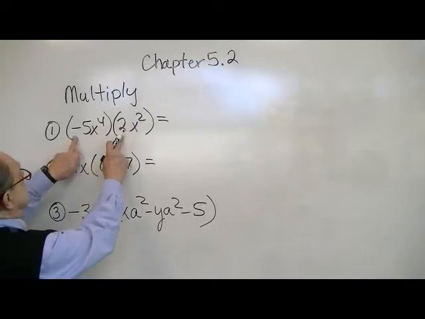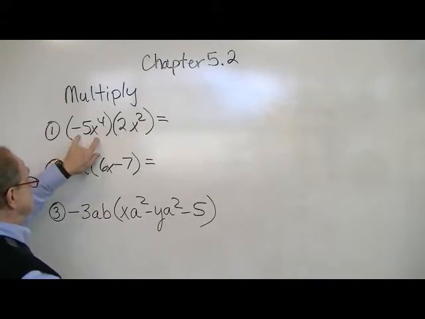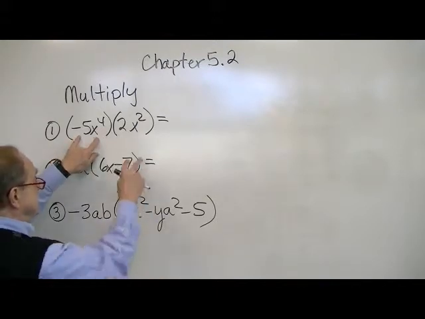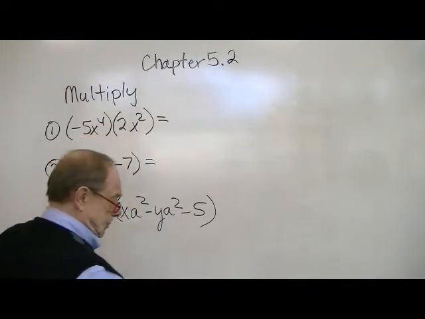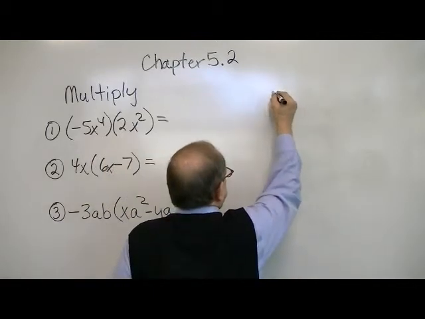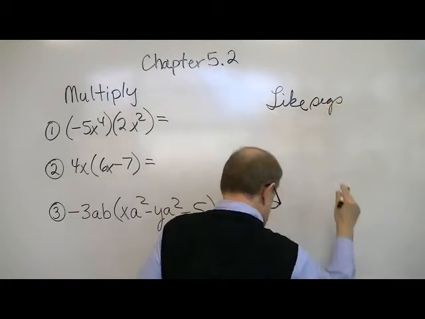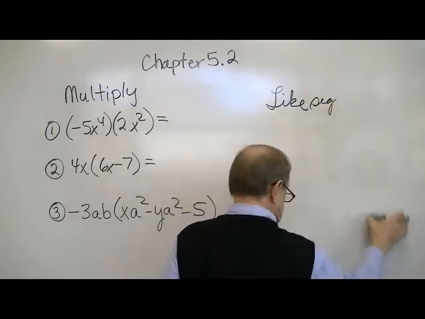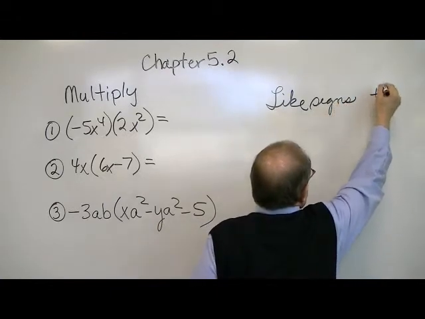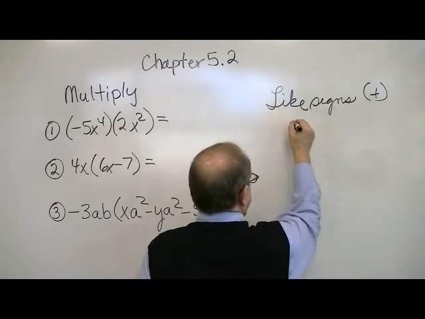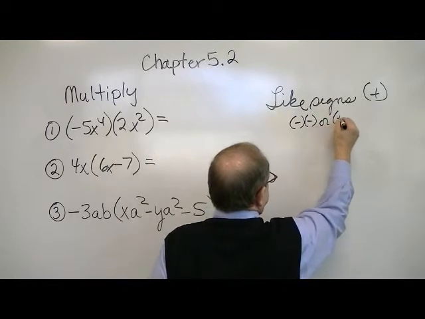Well, one of the things you want to do is figure out what sign the answer will have. Well, this term is negative, this term is positive, so unlike signs. Like signs give you a positive result, that would be two negatives or two positives.